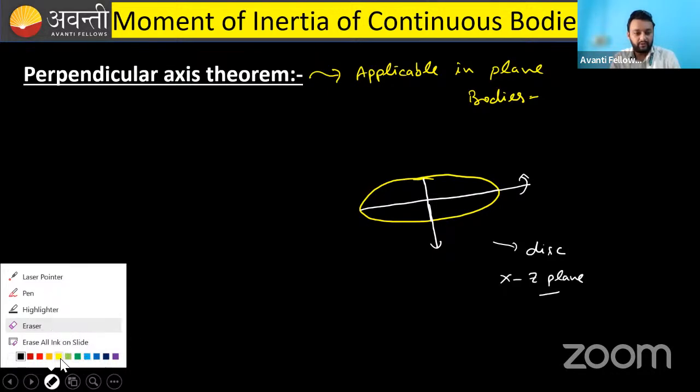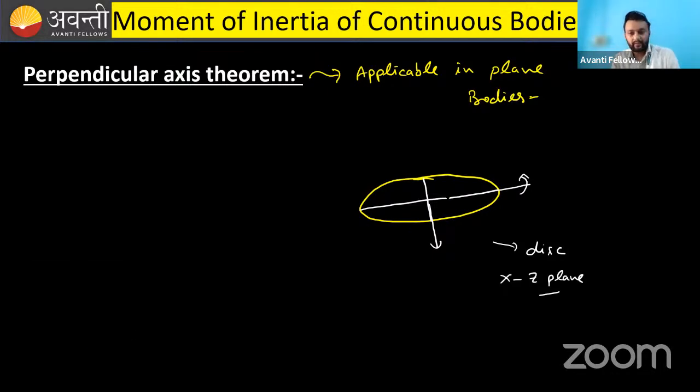Now, I am drawing another axis which is perpendicular to both of these. Now, can you see the three axes? Out of these three axes, one important point is all these three axes are intersecting each other.